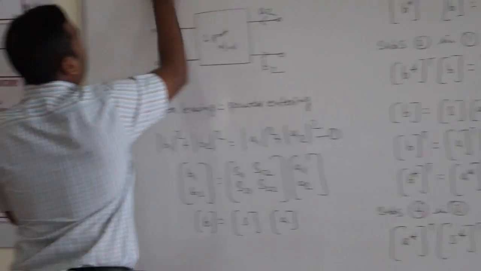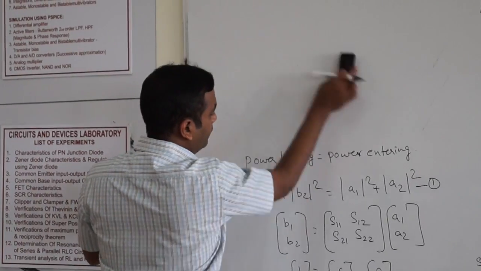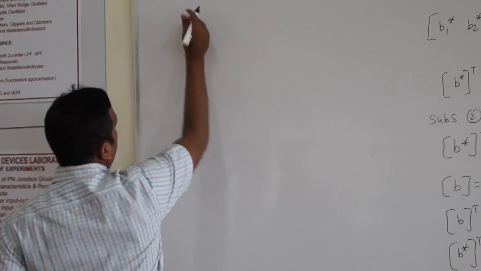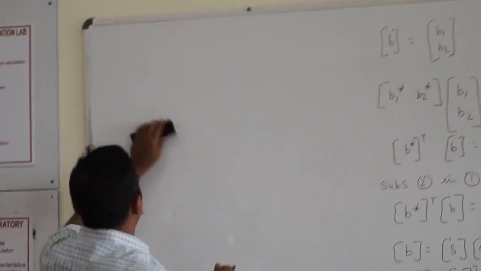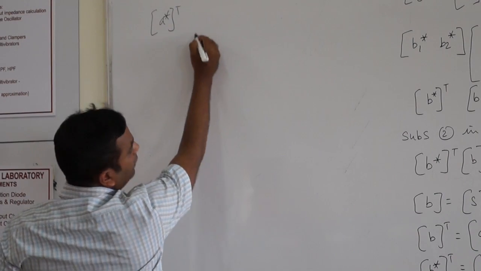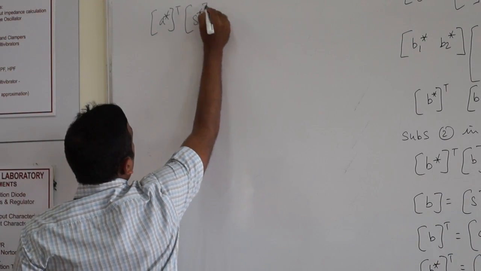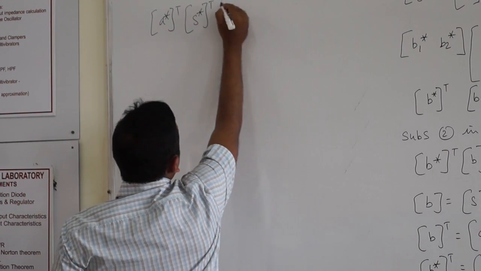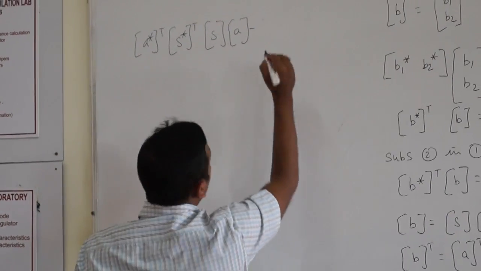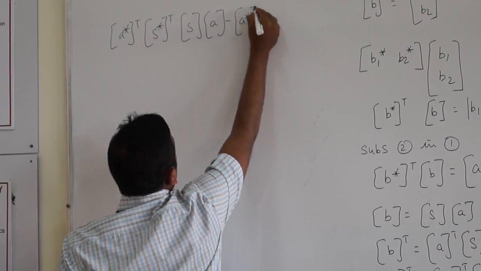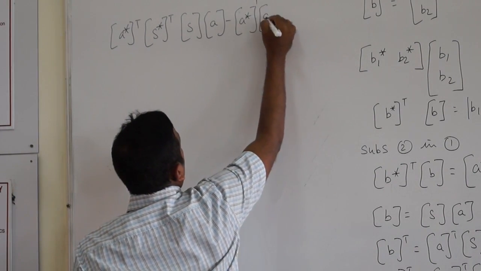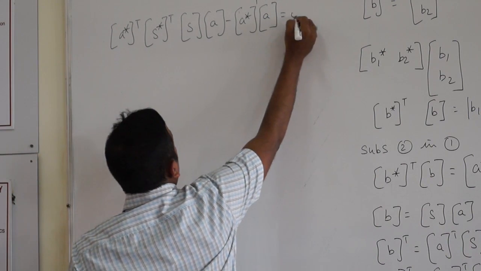So if you simplify this, bring the right hand side to the left hand side, I'll have A star transpose S star transpose S A minus A star transpose into A is equal to 0.